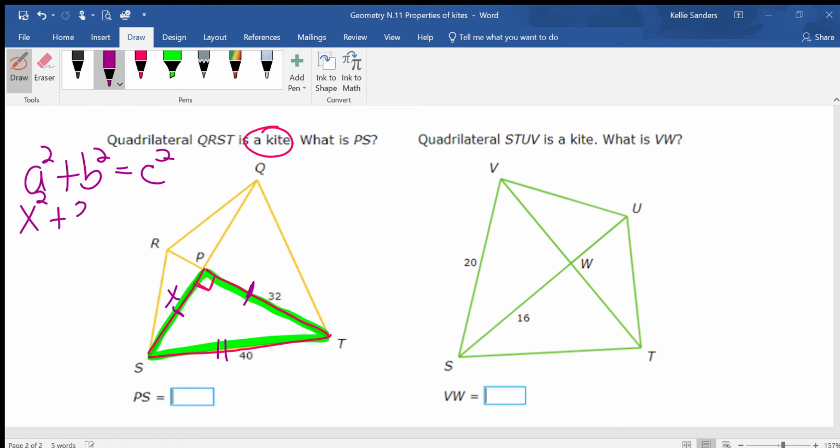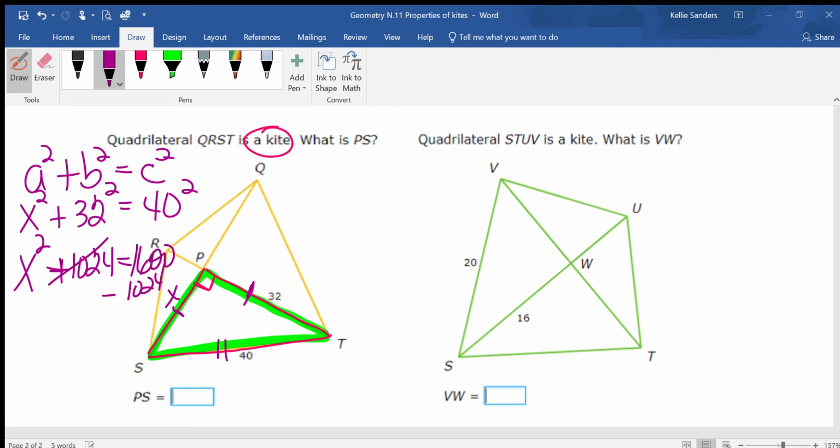So X is going to go in for A, 32 is going to go in for B, and the hypotenuse is always C. I'm going to grab a calculator, and we're going to do 32 squared and get 1024. 40 times 40 is 1600. We're going to subtract 1024 and get 576, I believe. I'm going to try that real quick. Minus the answer. Look at me, I'm so good.